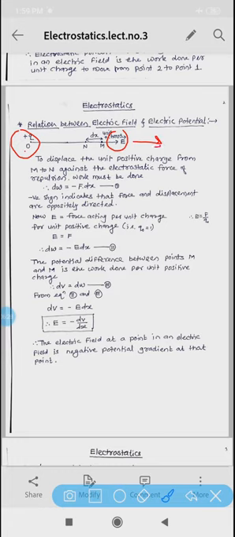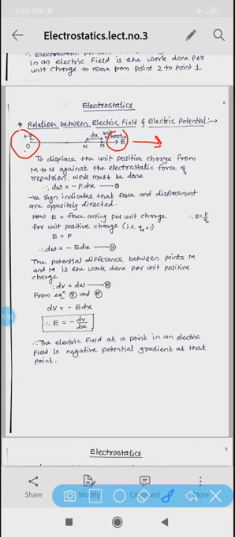At the same time, the electrostatic force of repulsion is also directed along the direction of E. Let N be any point in between M and O. Suppose dx is a very small displacement, or we can say an infinitesimal displacement.